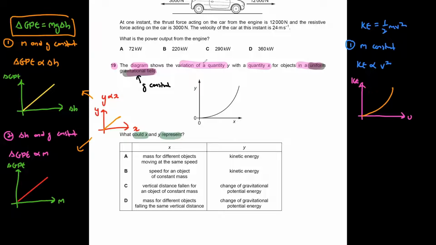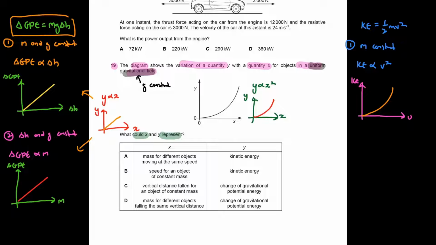Okay, same thing as before. If you have gone through your maths course, they will have told you that if y is proportional to x squared, maybe it's better if I just draw it here. If you have y proportional to x squared, drawing a graph of, say, y versus x will be a curve.